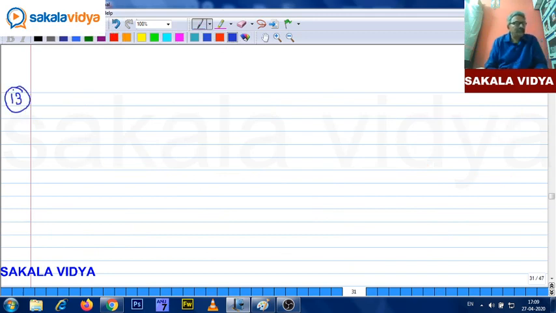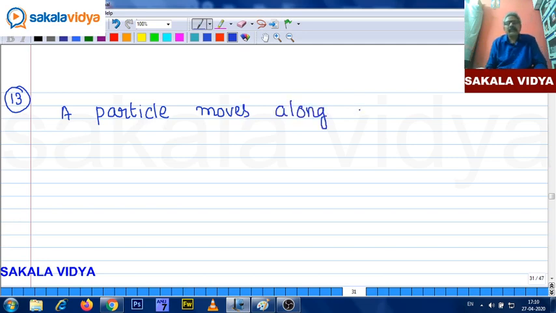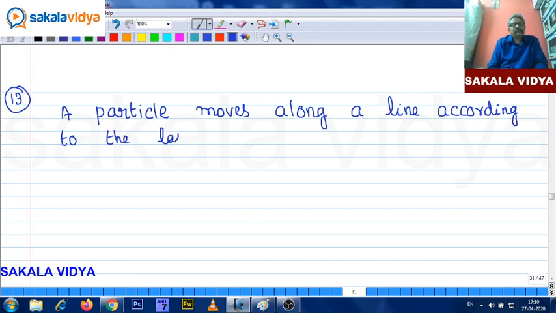Thirteenth problem. A particle moves along a line according to the law S is equal to t power 4 minus 5t square plus 8.